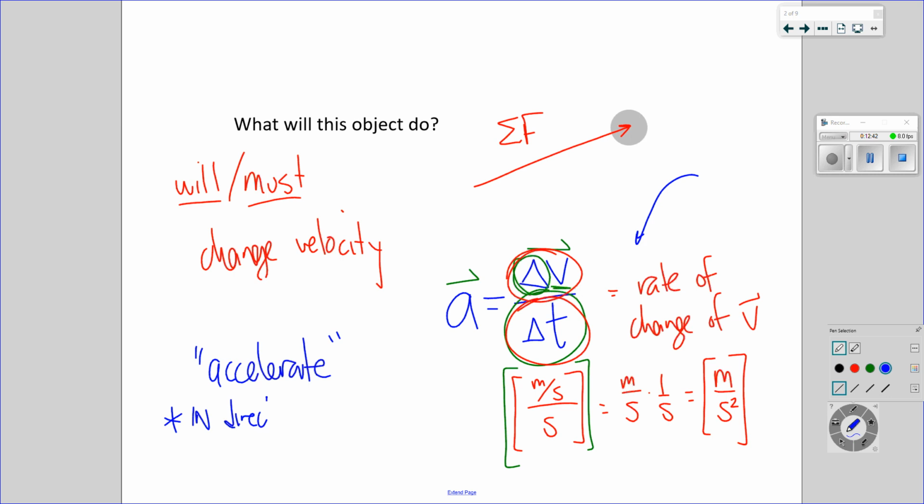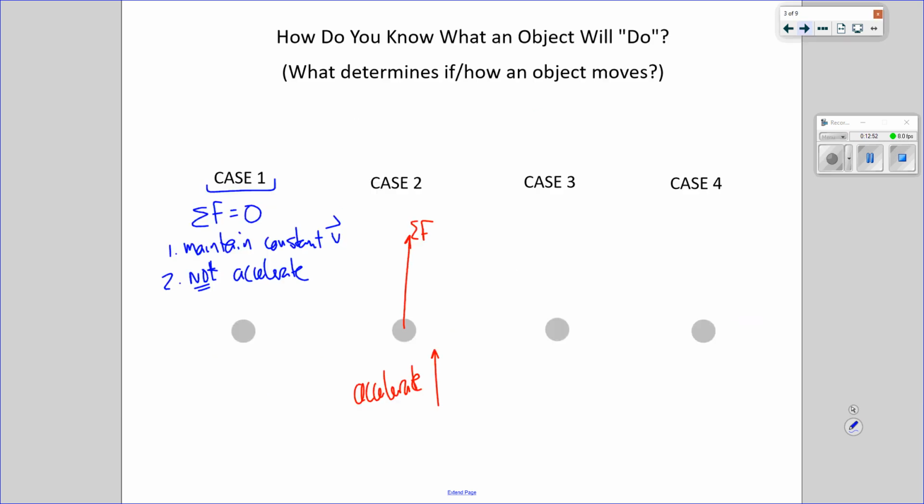In the direction of net F vector. Here's another case: a force like this and a force like that, where these forces happen to be equal and opposite. Well, guess what?